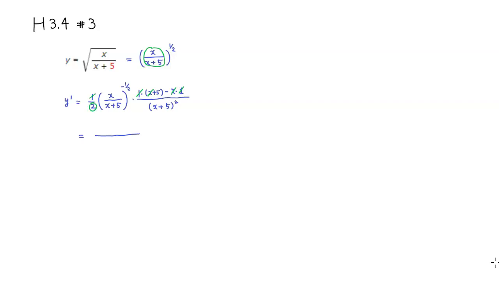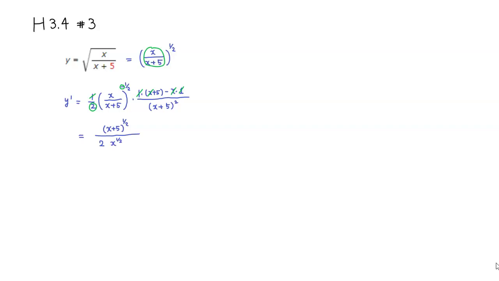Then we take the reciprocal, so using a negative power, I'm going to put x plus 5 to the 1/2 power on top, and then x to the 1/2 power on the bottom.